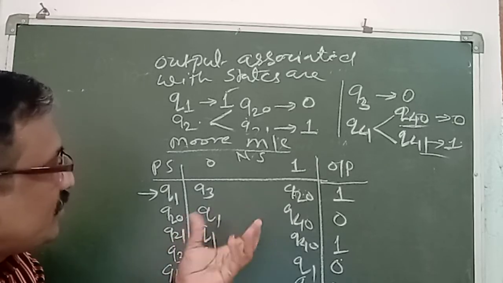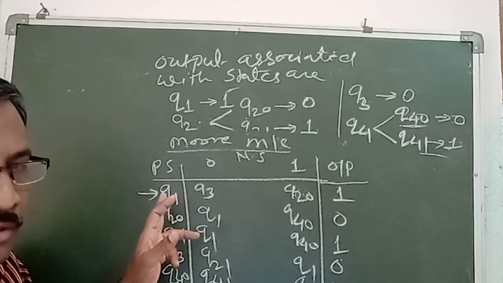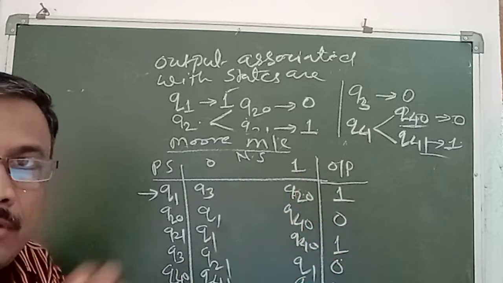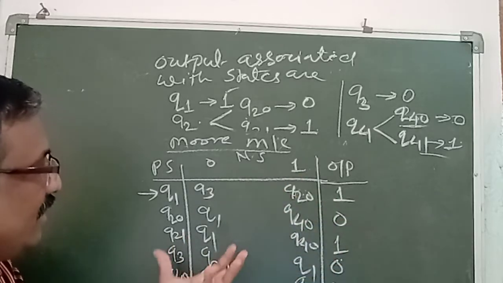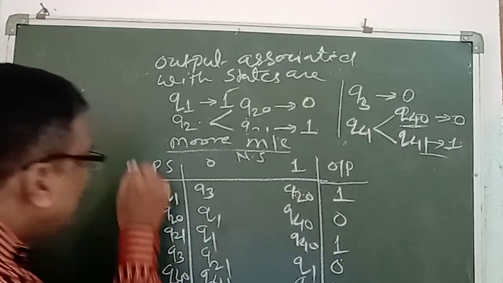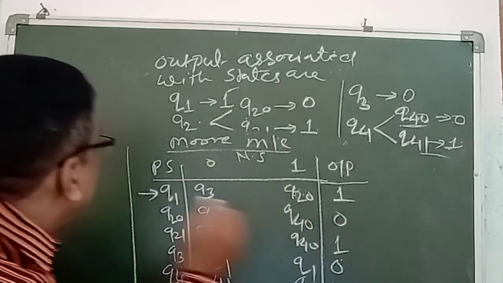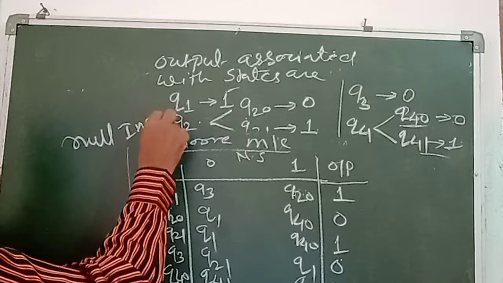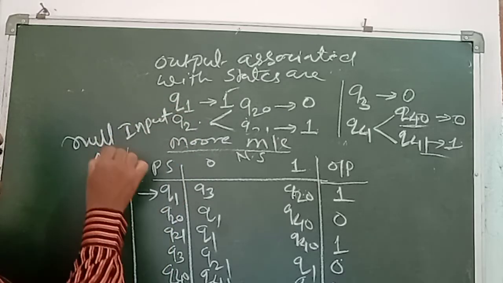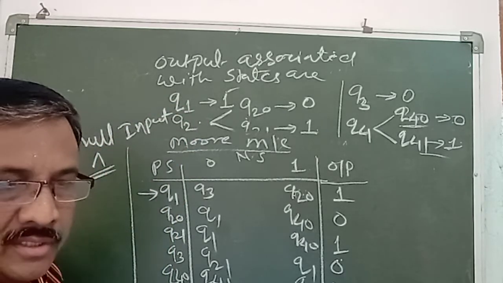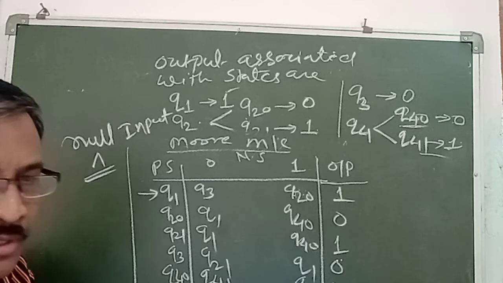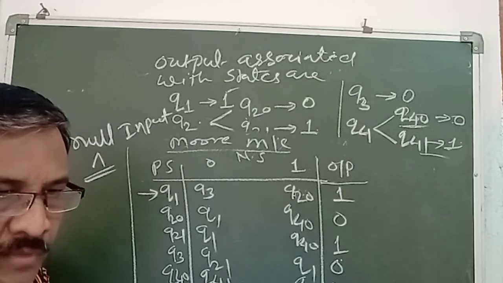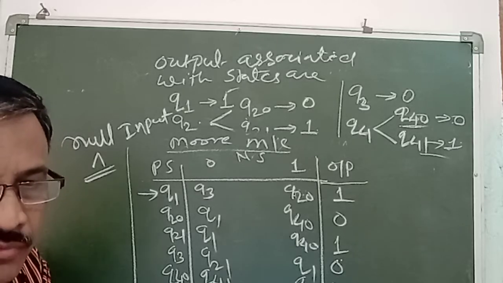Here we observe that output of initial state Q1 is associated with output 1. This means that with null input, that is, with this null input, the output of machine, with null input we get an output of 1 if the machine starts at state Q1.